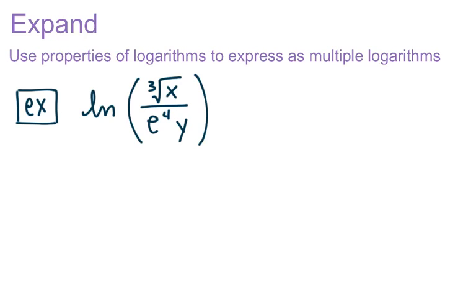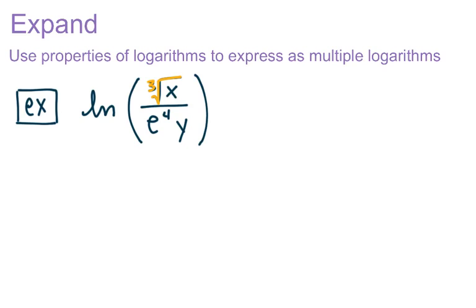All right, so we're going to start with natural log of the cube root of x divided by e to the fourth times y. And all of that is in my argument, right? So we're going to write this with lots of little basic arguments. So the first thing we might do is we think about this cube root.